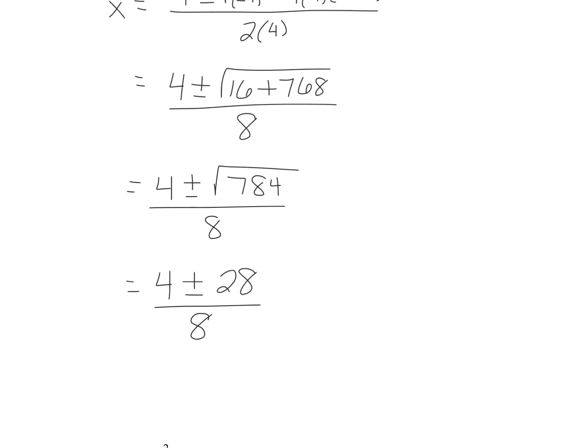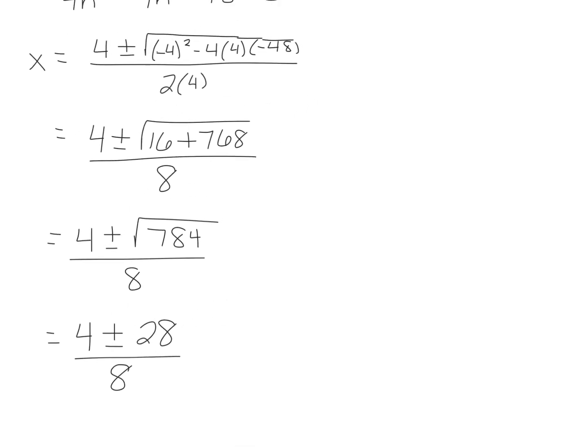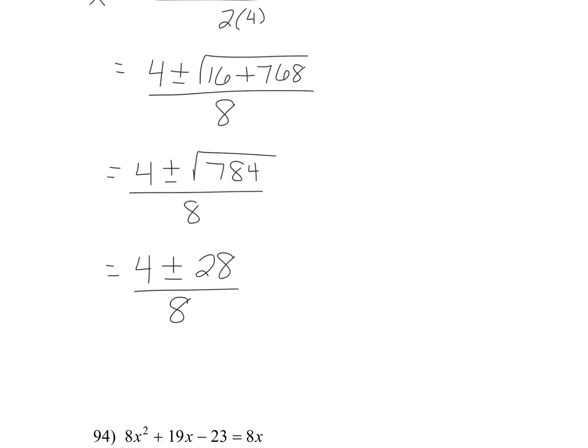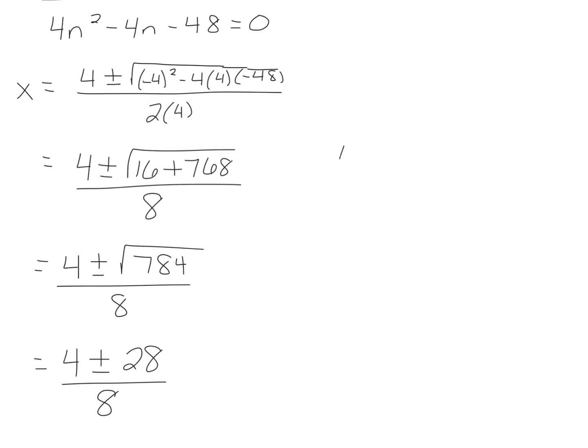Are we done when we get to this point? No. How many solutions are we supposed to have with quadratic equations? 2. That's why we have that plus or minus in there. So how do I set it up? Treat them as their own. Yep. So I have 4 plus 28 divided by 8. And then I have 4 minus 28 divided by 8.